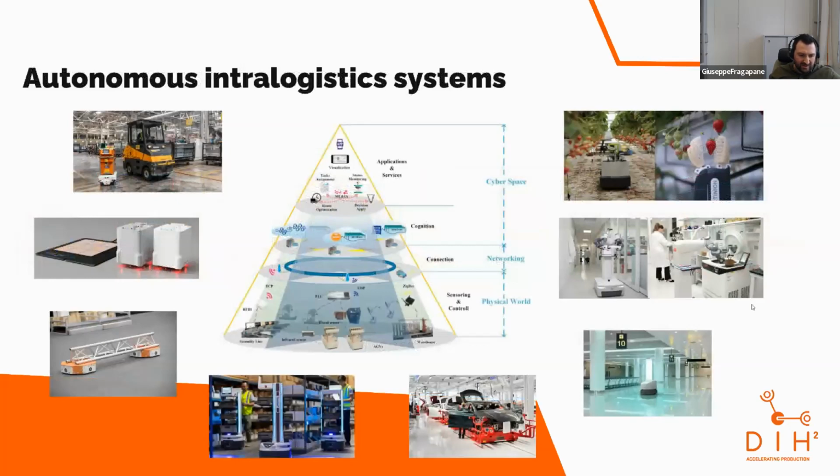Collaborating, you can use several AMRs to transport, and you can scale up the system much faster. Collaboration is another important topic, as is handling soft materials, which is still difficult to grasp, especially fruits, as you can see on the top right.